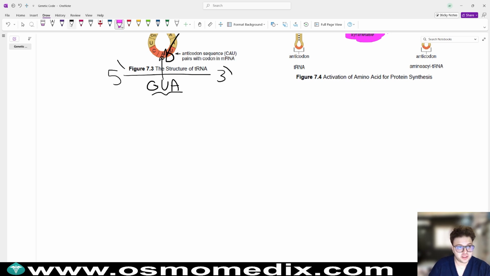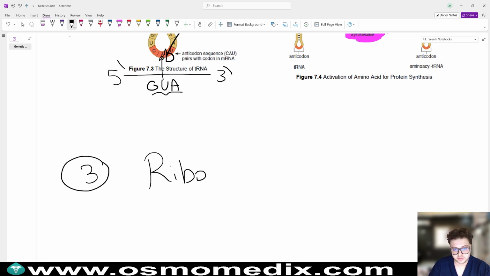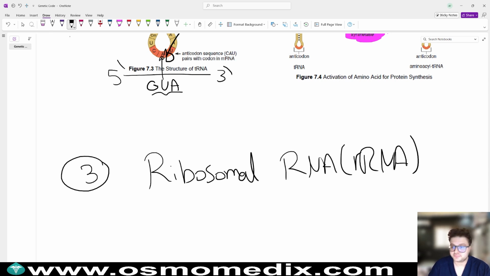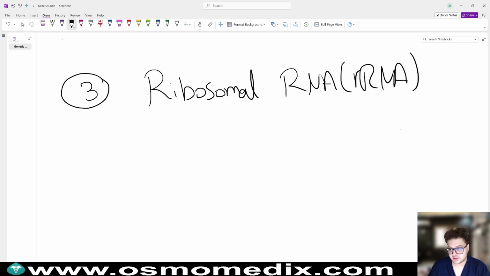We have the ribosomal RNA, which is the rRNA. If this is the cell, this is the cell membrane.